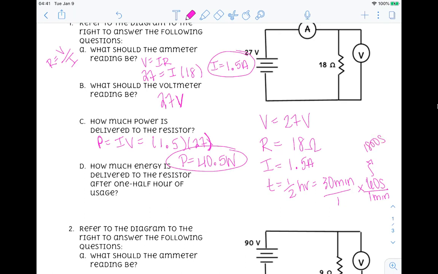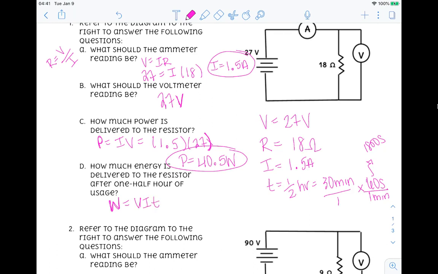Okay, that's my time. We are looking for energy, so we're looking for W, the amount of work in our circuit. What formula should we use? Let's use work is equal to VIT.